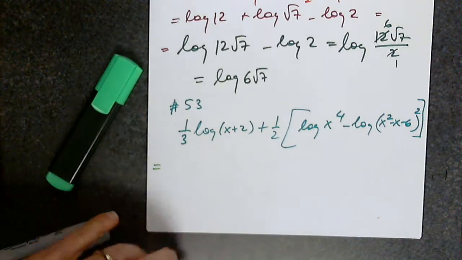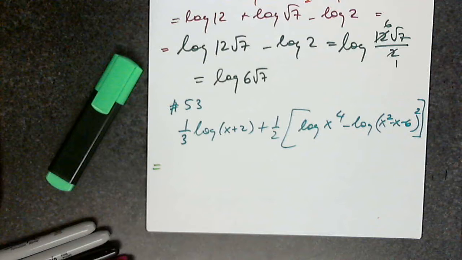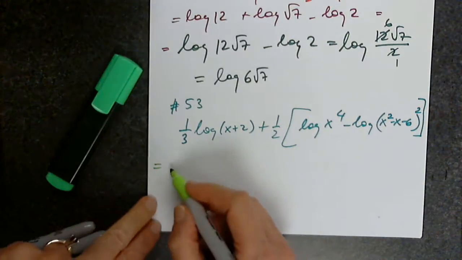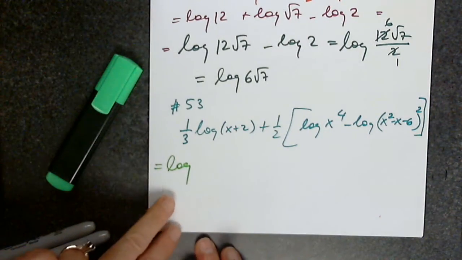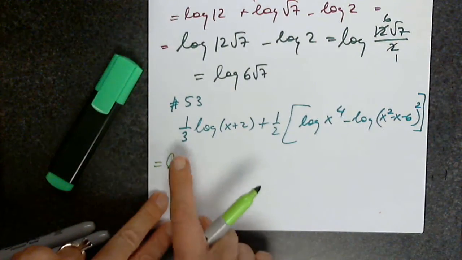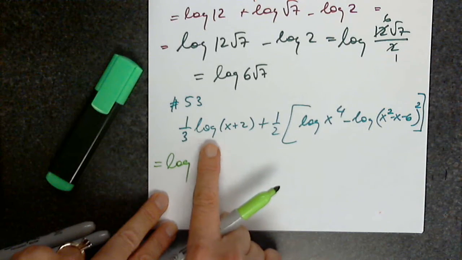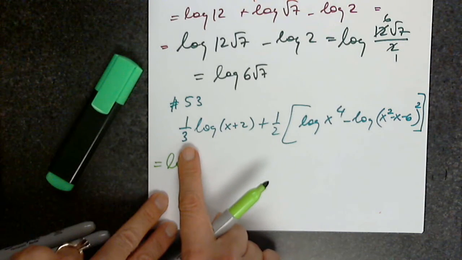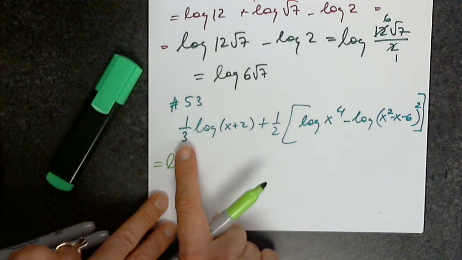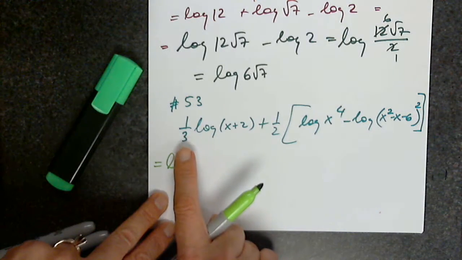Exactly, of course. You can start with the 1/3 in front of the first log because they're not connected right now, right? So you would say log of what will be the power?